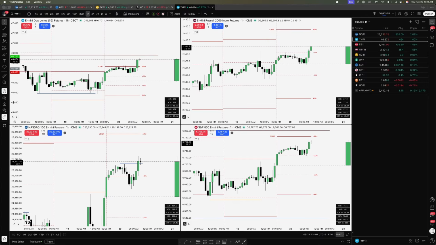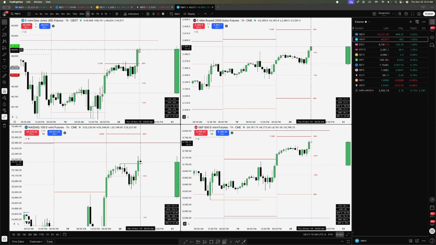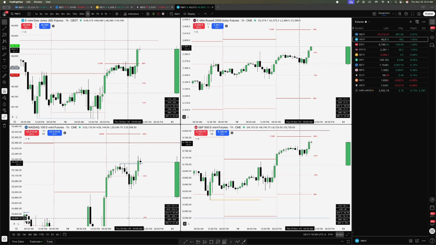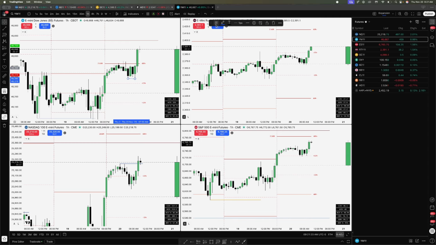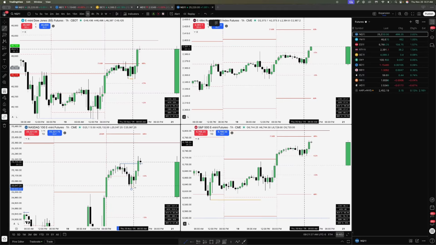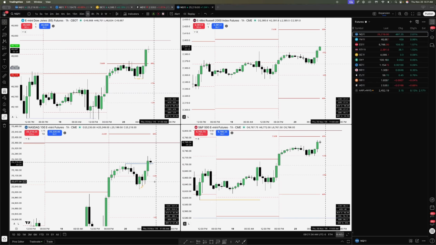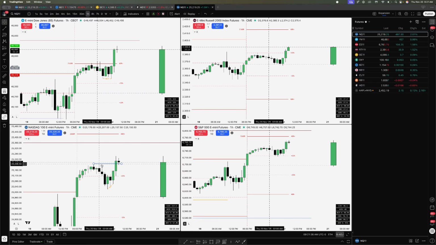I'm not going to just take this long from here to there. I need to see a new swing point put in. So we already have this divergence here, which is nice. We went past these highs.